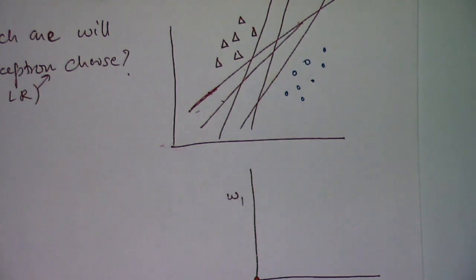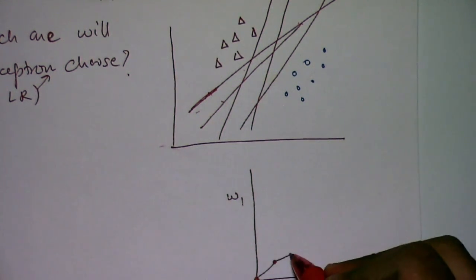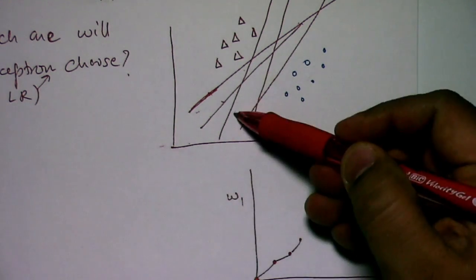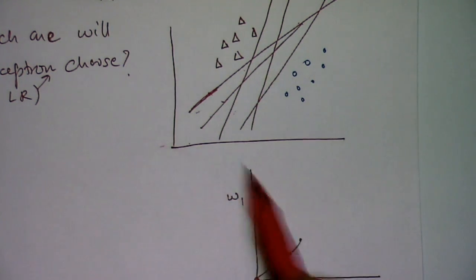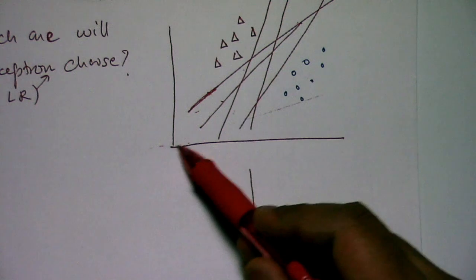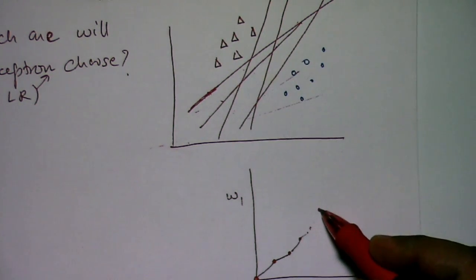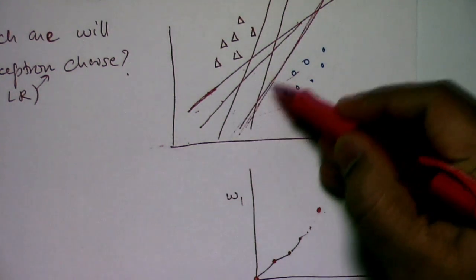Then in the first iteration of gradient descent, this will move somewhere, and in the next, it will move somewhere else. Every time, there is a line on this side which is just here, then it becomes something like this, then it goes like this, and at some point it will stop here, which is let's say this line.